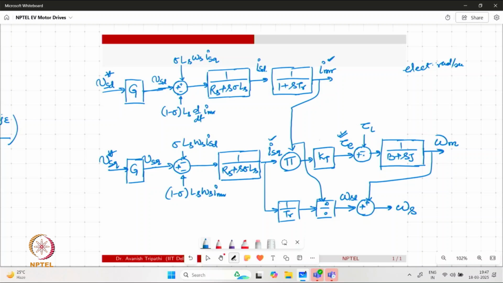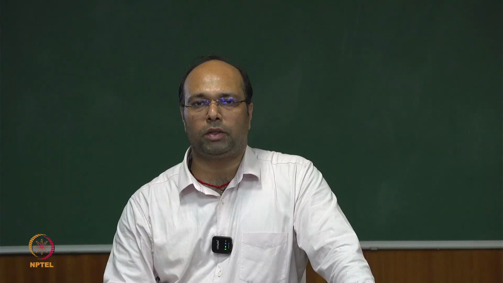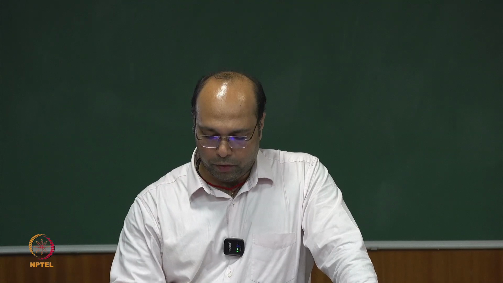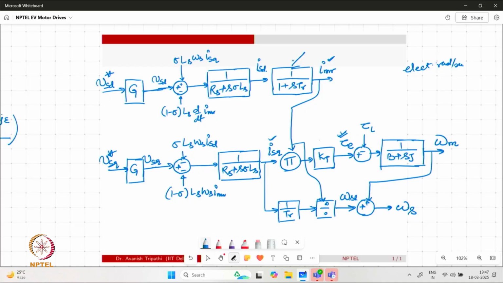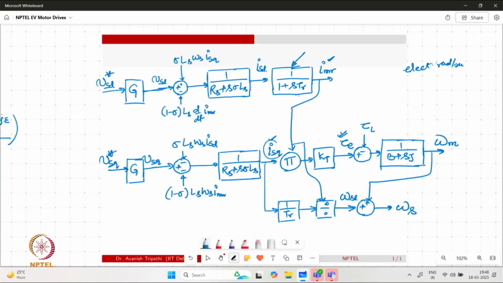So one way of controlling the induction machine could be that we maintain the value of IMR at a fixed level and then change the value of ISQ as per our requirement. So we will not be disturbing the model which consists of another lag or another delay in the system corresponding to the rotor time constant. So we will be using the quantities which are the components of the stator current in the induction machine.